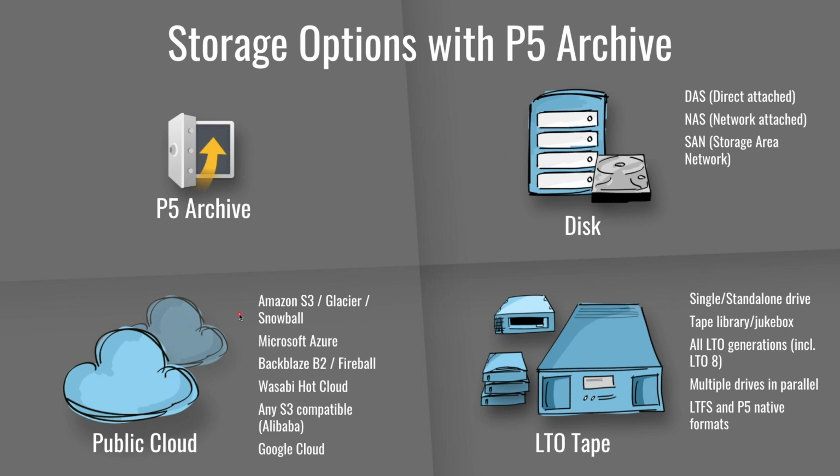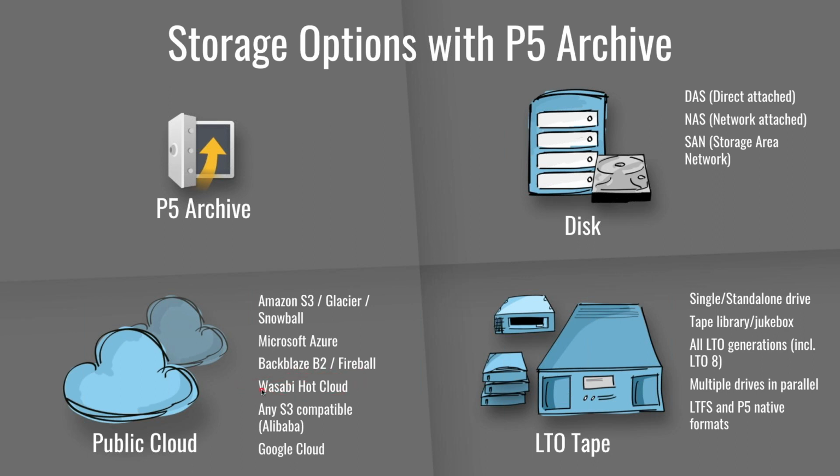More common, tape and cloud. For cloud, we're talking about object store type of storage. That might be S3, Glacier, Snowball devices to get stuff into the cloud quickly. Microsoft have the Azure blob storage. Backblaze have B2. You can also have a Fireball sent to you in the mail, so you can copy data to that and send it back to populate some cloud archive quickly.